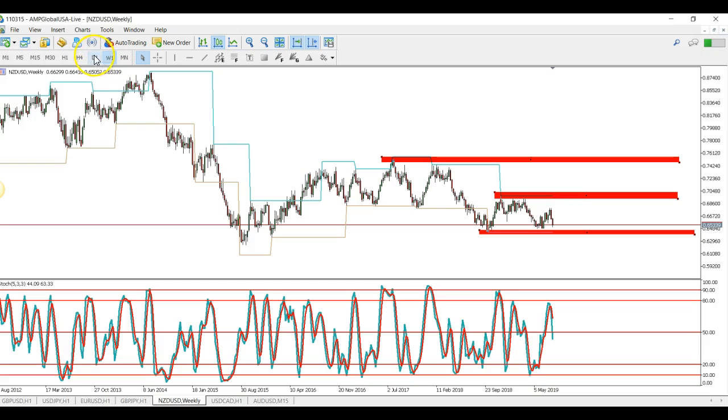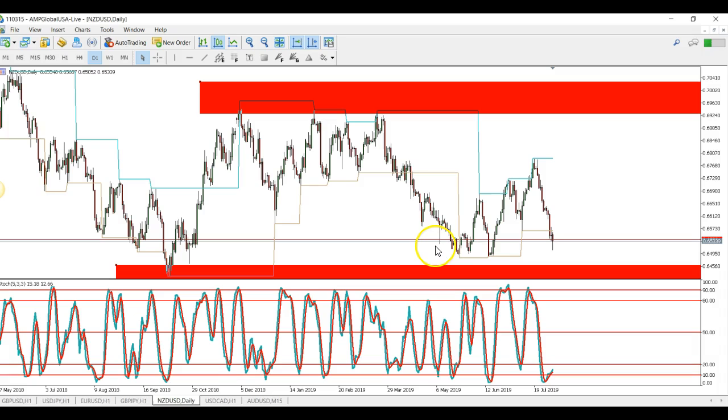Okay? Then I drop down to my daily chart and I see if price is contained within the daily. But there are also spots where price changes direction inside or in between the dailies.